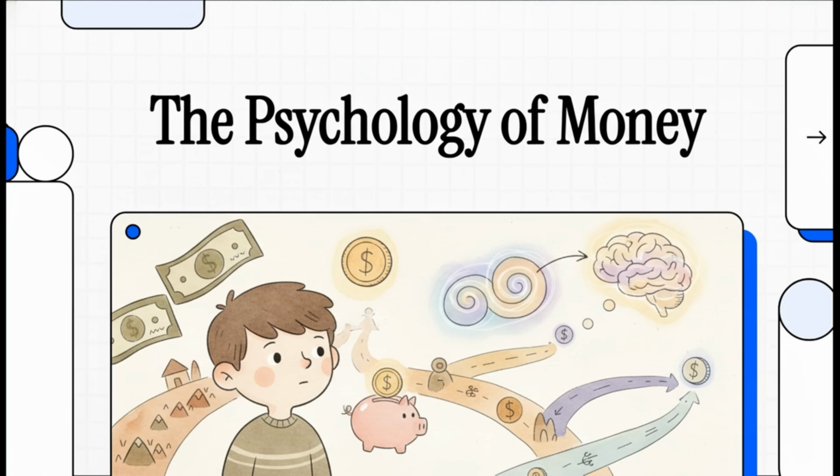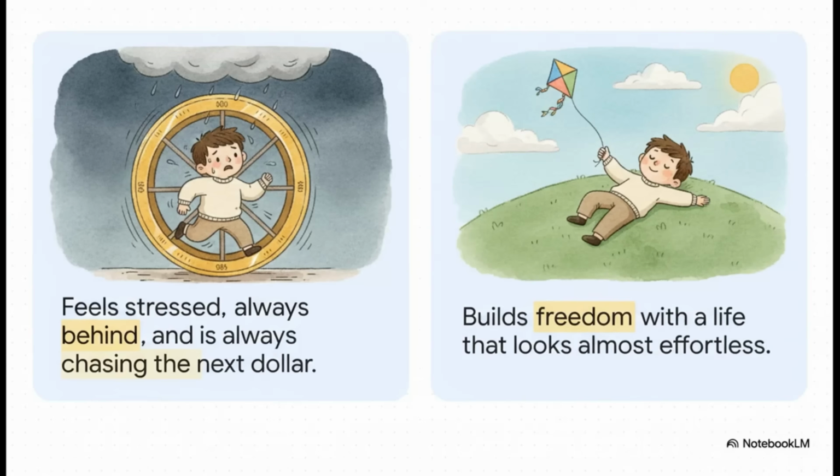You ever see this? 2 people, same job, same paycheck, but their financial lives are totally different worlds. Let's dig into that, because the real reason, well, it's probably not what you're thinking. I mean, on one side, you've got someone who feels like they're constantly behind, always stressed out, just chasing the next dollar. And on the other side, someone who seems totally calm, secure, and is building a life of freedom. That gap, it is massive.